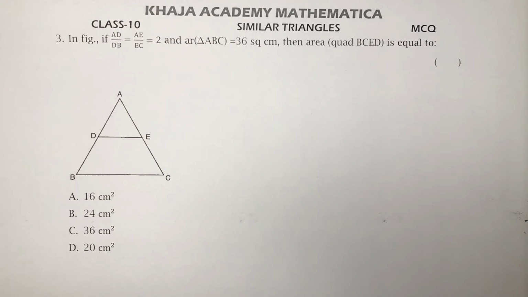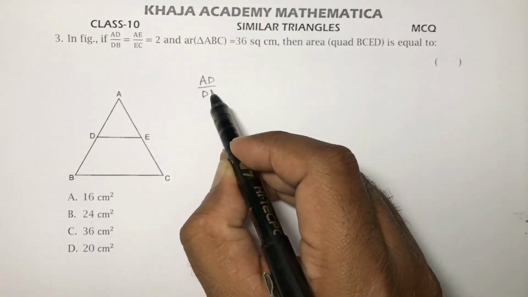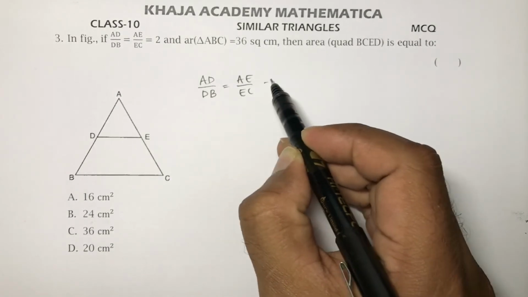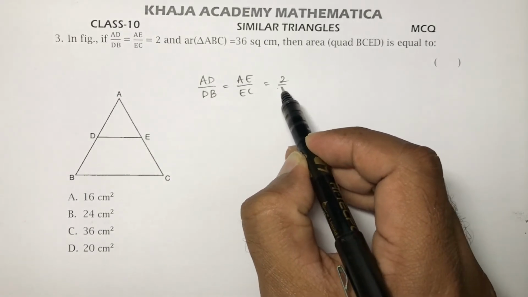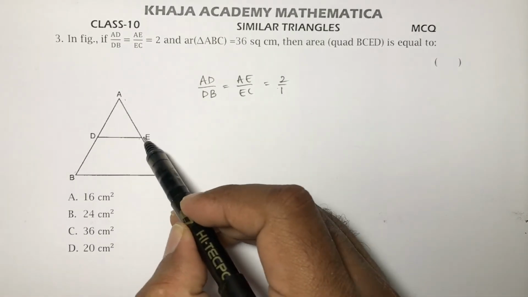In the figure, if AD by DB equals AE by EC equals 2. So here they give AD by DB equals AE by EC equals 2, or you can write 2 by 1. See that AD by DB equals AE by EC.